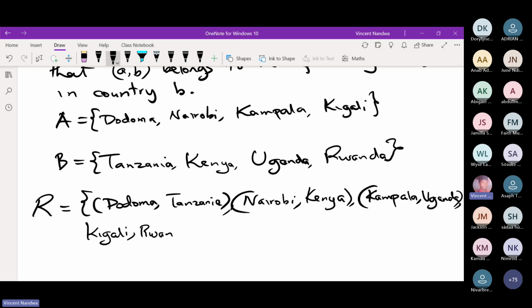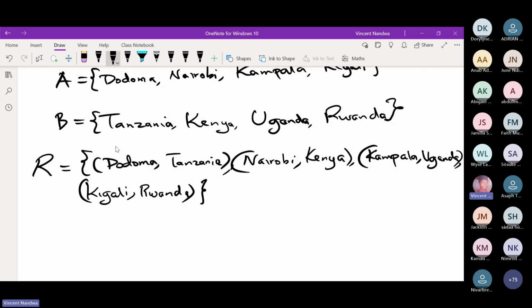So when the question is more specific, then it can narrow down to just a specific relation from two sets. But when it's open, then there are many relations that can be defined. When you go into nitty-gritty detail, you'll be able to reduce the possibilities of the relation that can be formed.